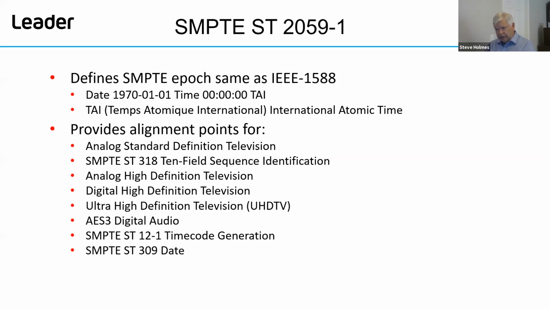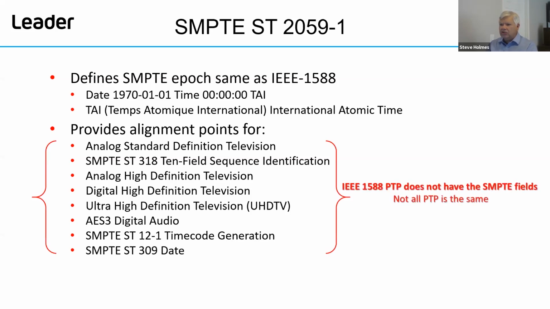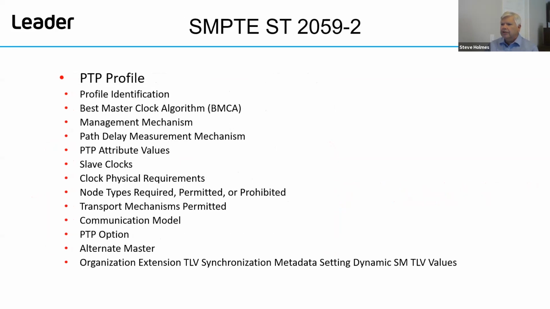It also gives us the ability to carry time code. All of those pieces do not exist in basic 1588. Those were all added by SMPTE so that now we have the video parameters that we need to be able to do what we do in the video industry.